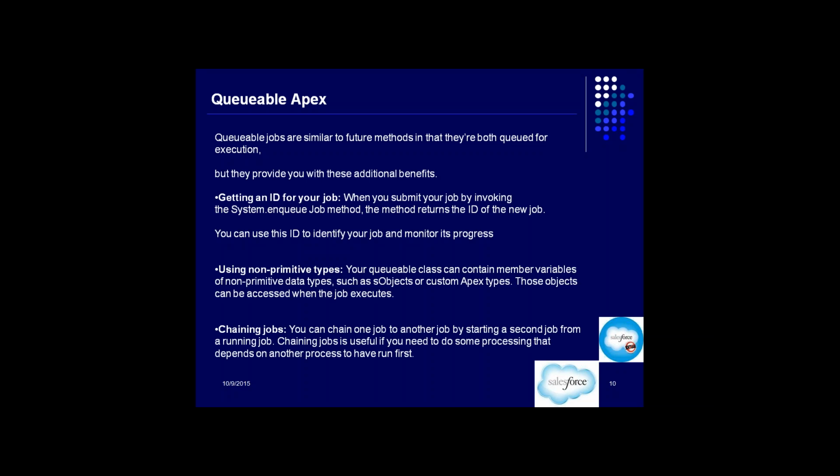Third advantage, queuable Apex allows you the process of chaining jobs. Chaining jobs means if you have a requirement that when this job completes, start the second job. Let's say you have three jobs to be done, job 1, job 2, job 3. Job 1 is to update the phone number of all the accounts. Job 2 is to update the fax. Job 3 is to update the website.